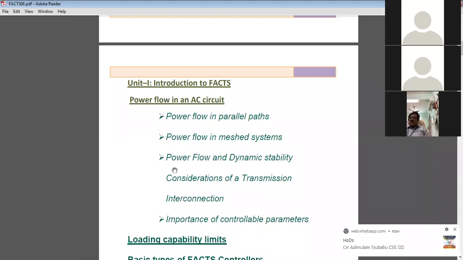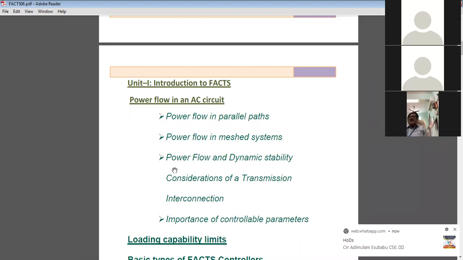Power flow is inversely proportional to the X value, that is the impedance, and directly proportional to the phase angle difference between the sending end and receiving end voltages. So changing either of them will directly affect the real power flow, and reactive power flow is affected by injecting currents, that is a shunt compensator. In detailed analysis we will discuss in chapters 3, 4, 5, and the last one is UPFC.